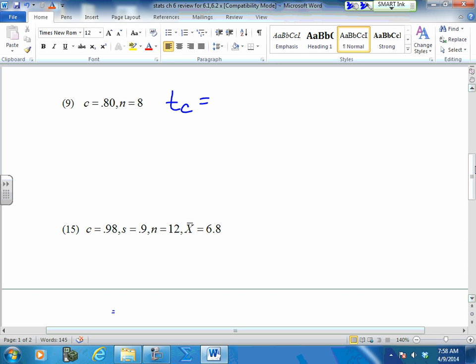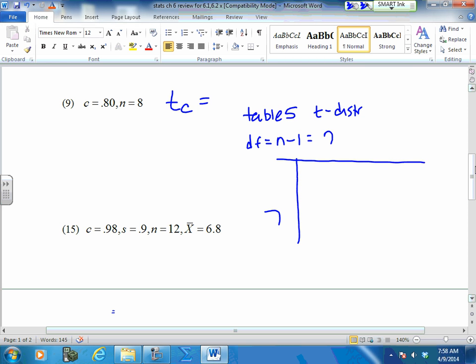You have to go to your chart. Very good. We're going to go to our chart, table 5, T distribution. You've got to go with 7. Good, degrees of freedom, n minus 1. So come down to 7, and what do we do across the top? Oh, 80. Find your TC.